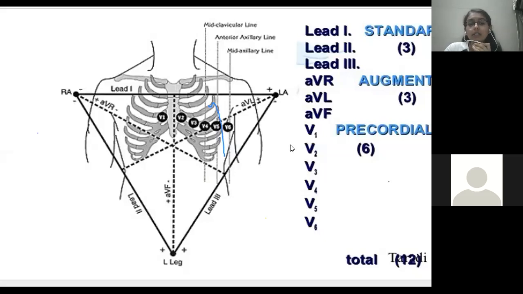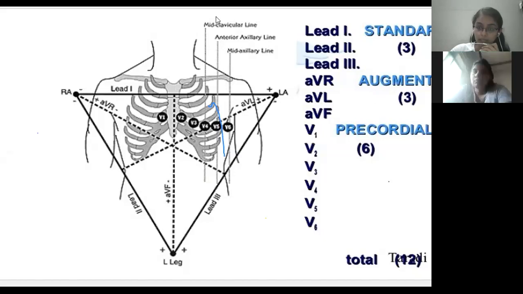Now, because our body is a very good conductor of electricity, the electricity generated by the sinoatrial node of the heart is always transferred to the skin, which is being picked up by these leads, and which is represented as the ECG graph.